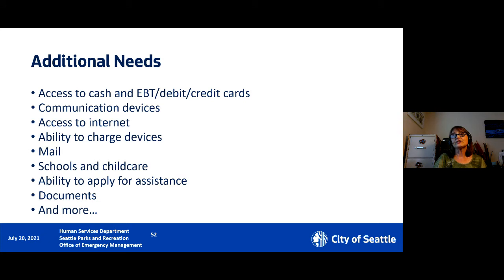Examples of some of the additional needs that the city may be involved in helping to address are access to cash and EBT, debit and credit cards. The city will be working to restore power, which is critical for being able to use these resources. Communication devices such as cell phones: it is not uncommon for cell phones to be lost or damaged in disasters, which can mean also losing critical contact numbers.